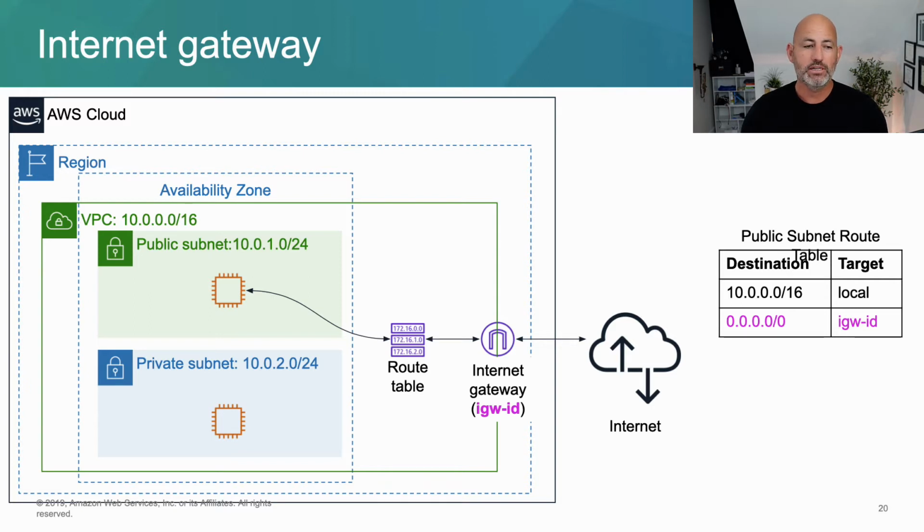The main reason is to provide a target in your VPC route table for internet routable traffic, and to perform network address translation, or NAT, for instances that were assigned public IPv4 addresses. And to make a subnet public, you would attach an internet gateway to your VPC and add a route to the route table to send non-local traffic through the internet gateway to the internet. And you can see a diagram of this.